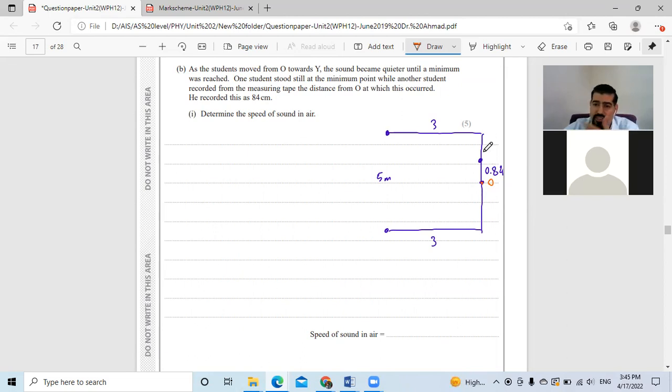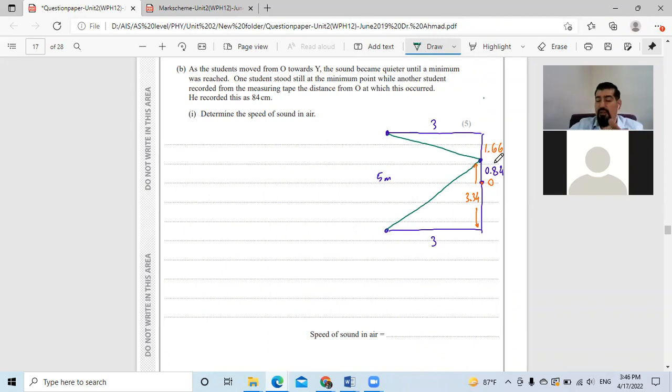If I subtract 0.84 from 2.5 meters, it will be 1.66 meters left, and for the other distance, I add 2.5 to 0.84, it will be 3.34 meters. So the sound comes from here to here, and the wave comes from here to here.